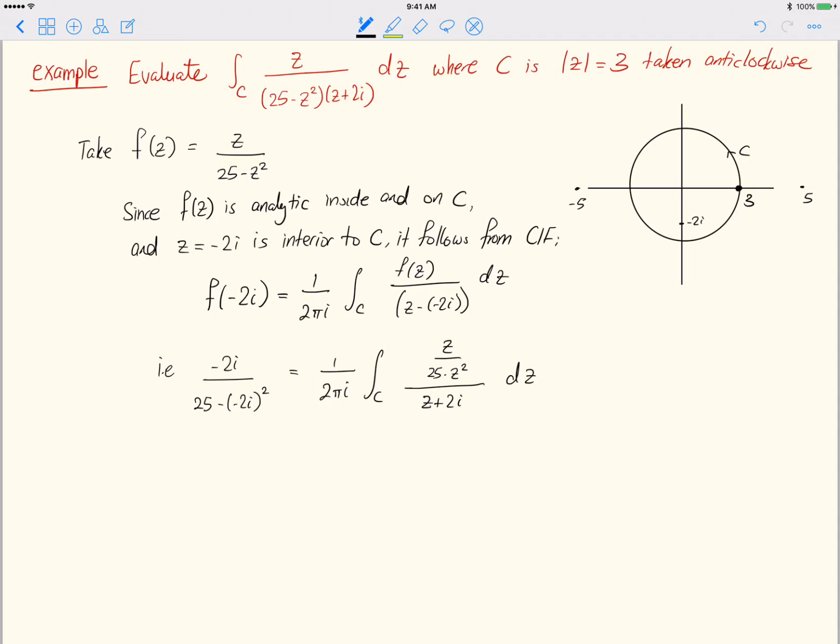Okay. So on the left, if I simplify, I get negative 2i on 25 minus, well, it's going to be 4i squared, isn't it, which is going to be negative 4. And if I divide these two fractions on the right, I'll just get the integral I started with.